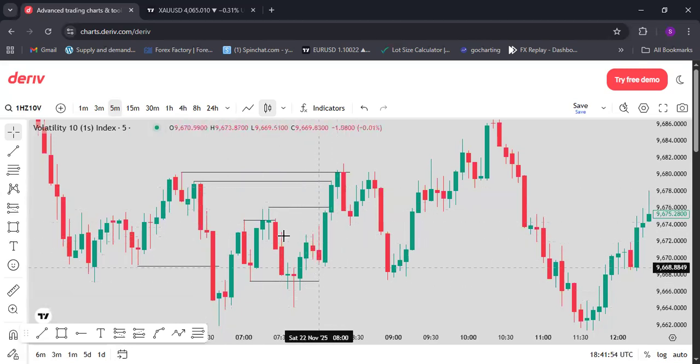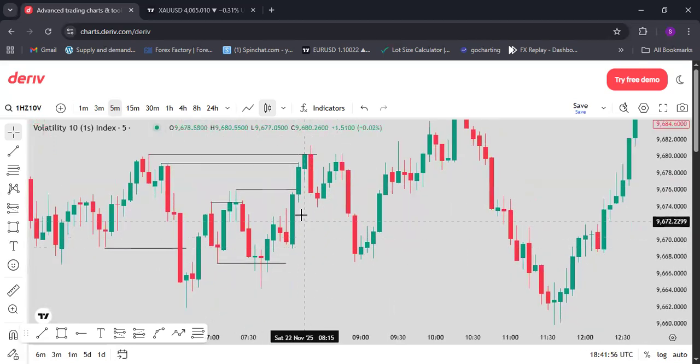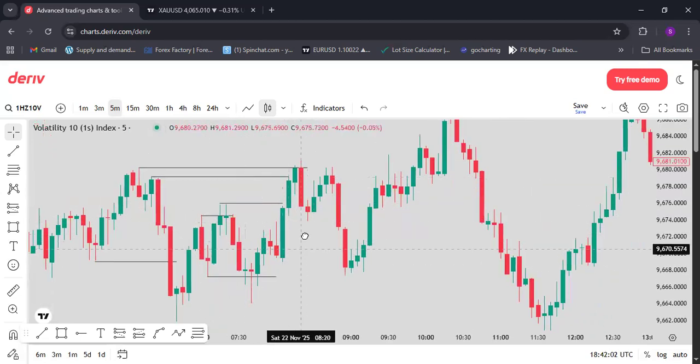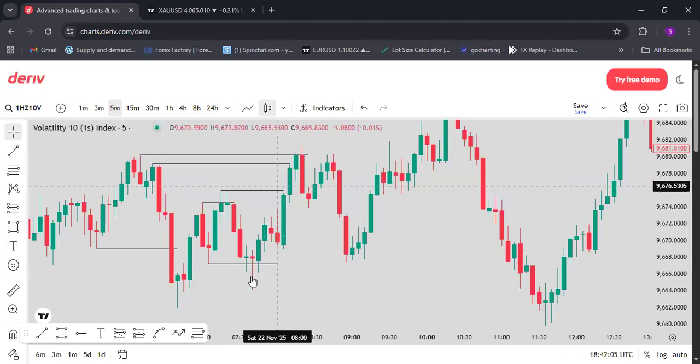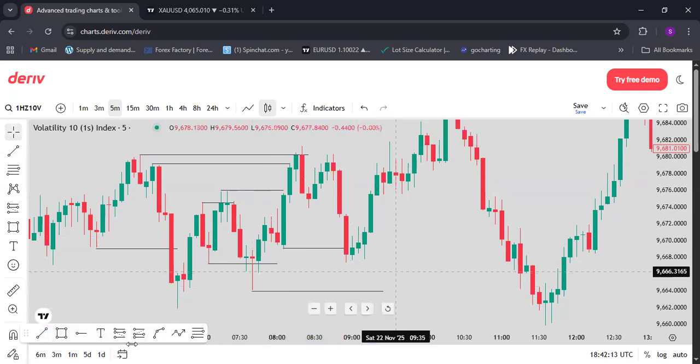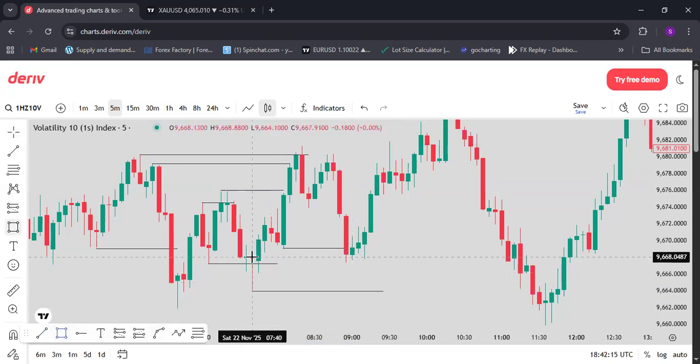I start switching my bias from bearish to bullish because we've had this, you can see this is some sort of a CHoCH. So when I see something like this, I'm looking for buys. Then where are my key levels? Sorry, that's my internal range liquidity. This is my invalidation anyway, and this itself is a zone.